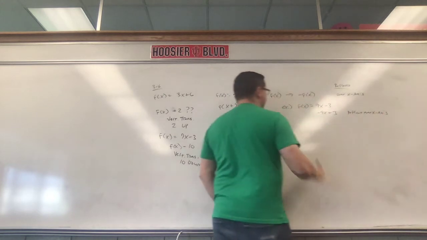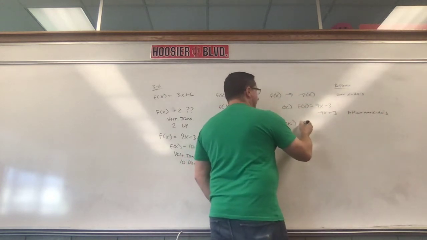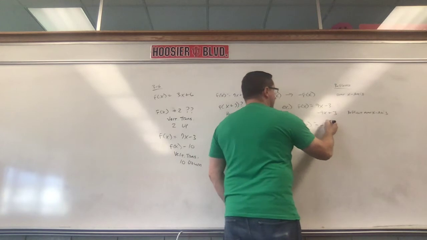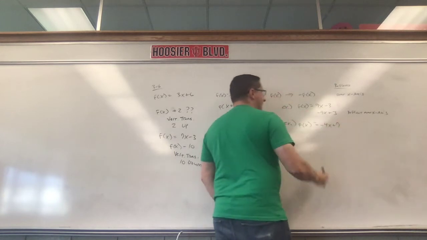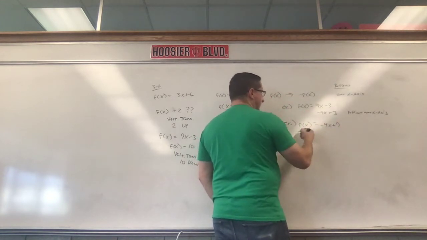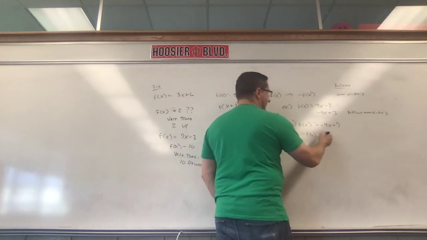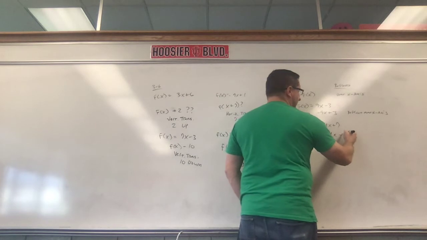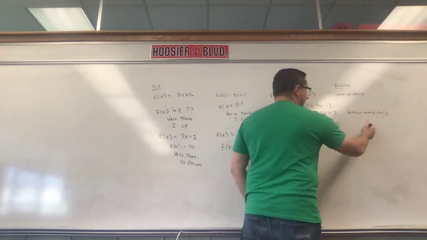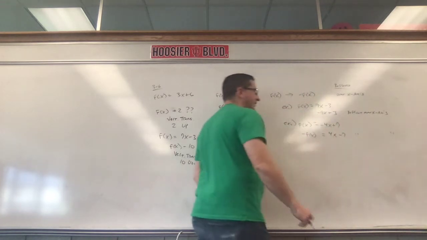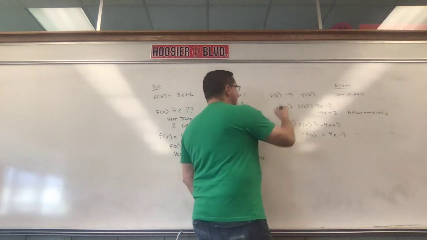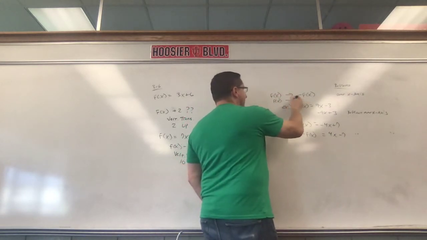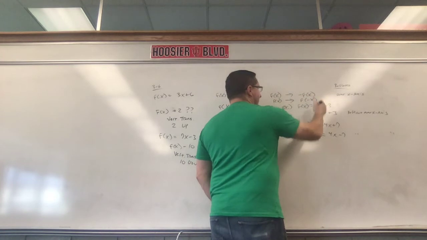Let me give you another example. If I gave you f of x is negative 4x plus 7. Well, if I did negative f of x, that would change negative 4x to positive 4x and positive 7 to negative 7. And again, that also reflects it over the x-axis. Now, if I give you this though, f of x goes to f of negative x.